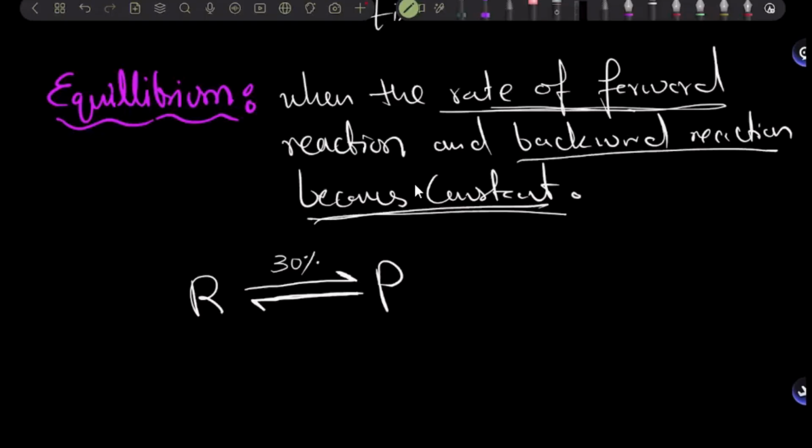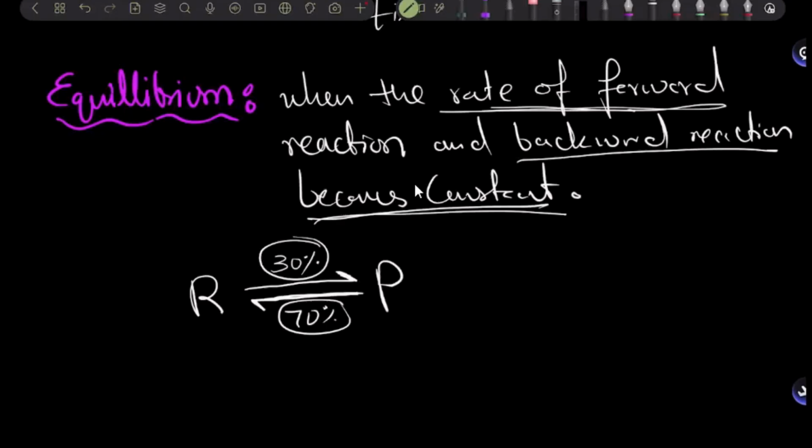The products have decided that 70% will go back. Out of all the product that has been made, only 70% should go back and make reactants again. Not 50-50, because 50-50 is a different thing. That's known as dynamic equilibrium. I'm coming to that.